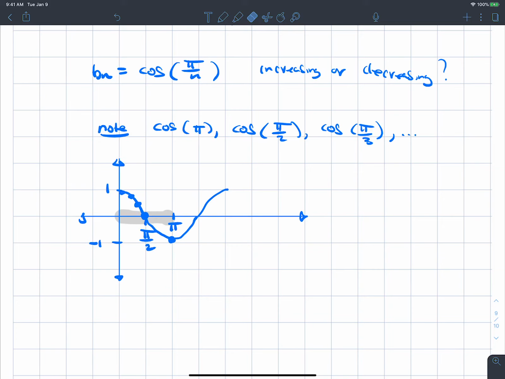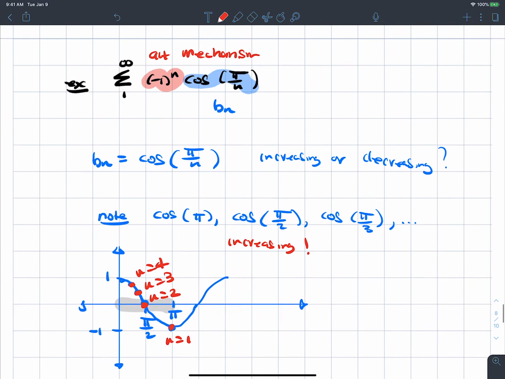So this is actually increasing. Right here, n is 1. Here, n is 2. We went from -1 to 0. And then n is 3, n is 4, and so on. So this is actually increasing. So you can't use the alternating series test.